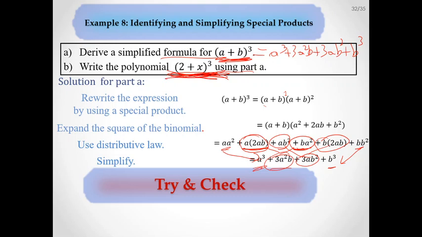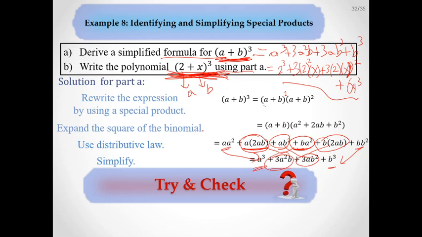And if you want to use this one, A is 2 and B is x, so you put here 2 cubed plus 3 times 2 squared times x, and then 3 times 2 times x squared, and then x cubed. You can write it this way, then you will get the solution.